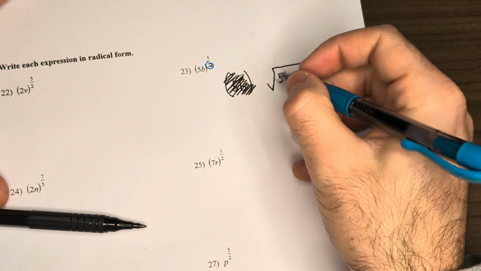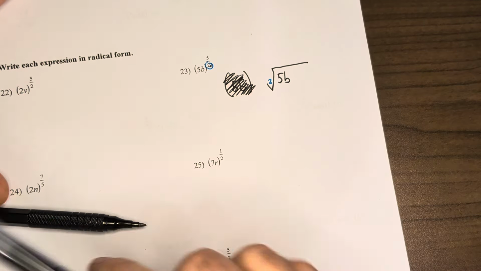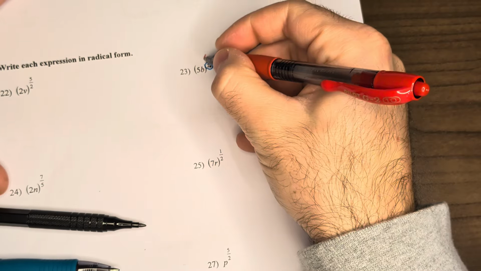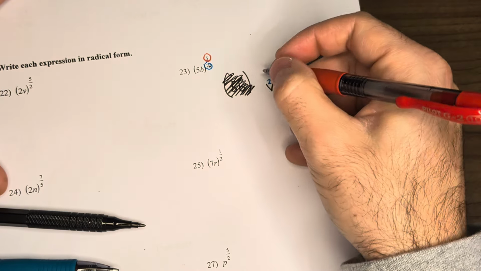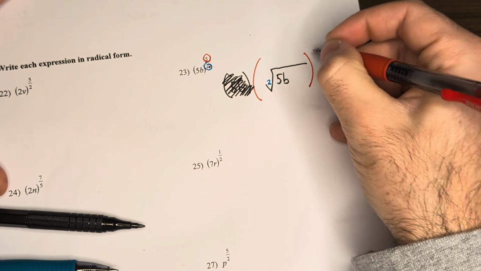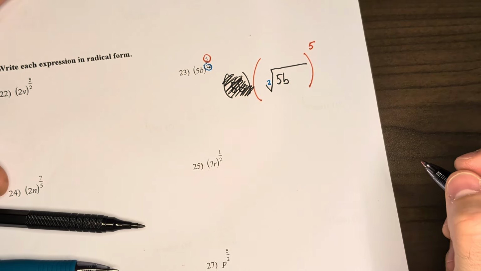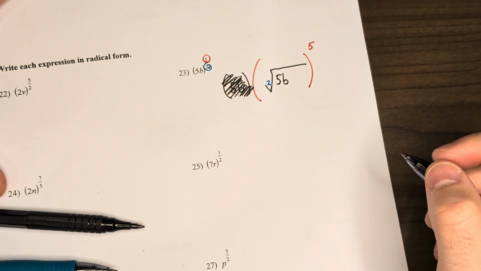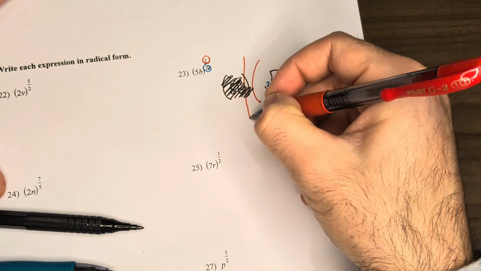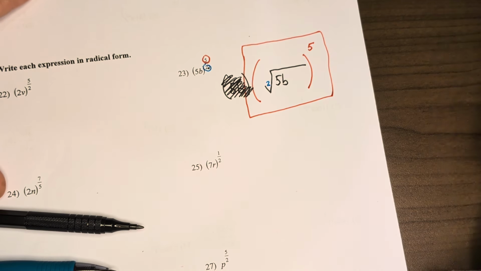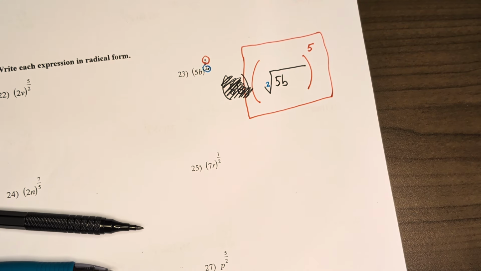This bottom number is going to go over here. And this top number is going to go on the outside here. And that's it. That's the answer. That's how you rewrite it. That's what we need to do to rewrite it.